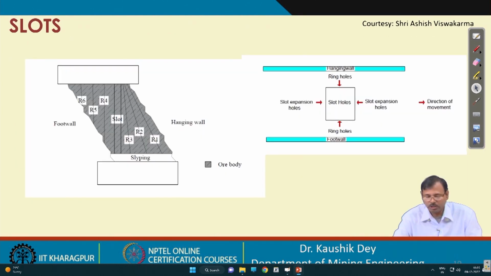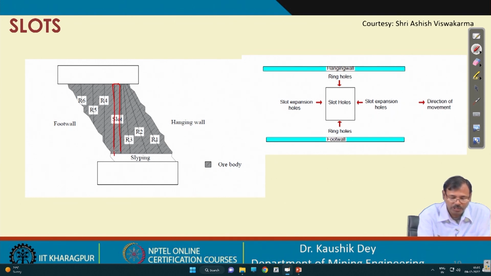So, the first requirement in ring blasting is to make the slot, because the slot will act as the free face for the rest of the holes. So, here you can see first this is the slot.